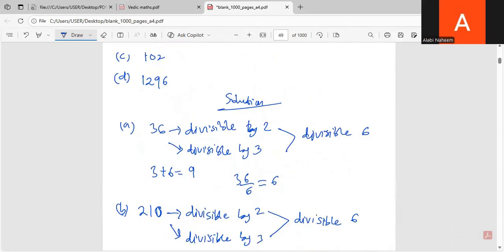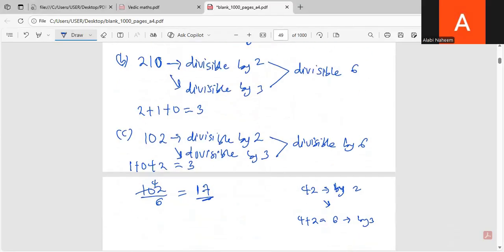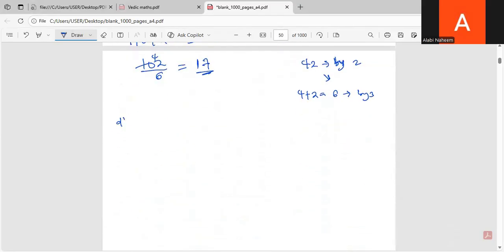The next one we have is 1296. Is it divisible by 6? So the first step, is it divisible by 2? Yes, because it ends in an even number, which is 6. Is it divisible by 3? Let's confirm. The rule for 3 states that a number is divisible by 3 if the sum of its digits is divisible by 3.